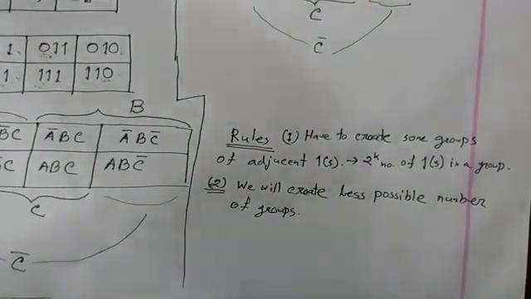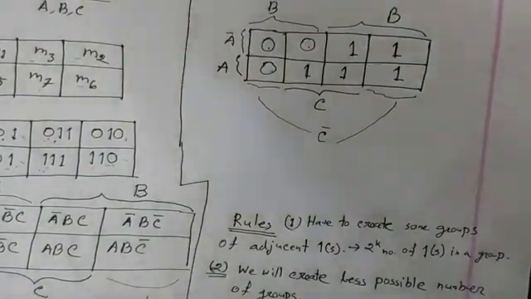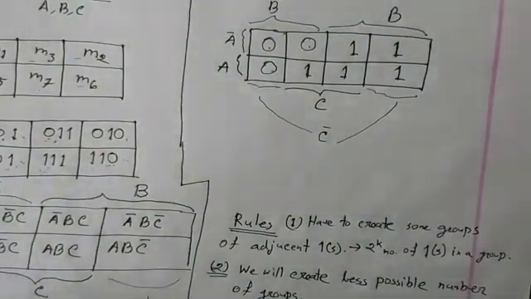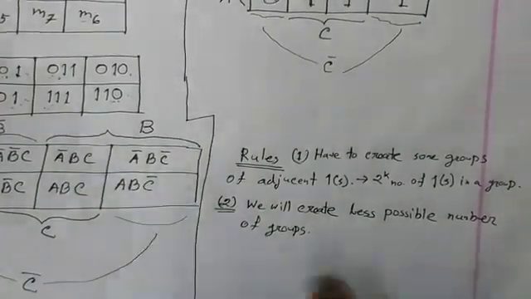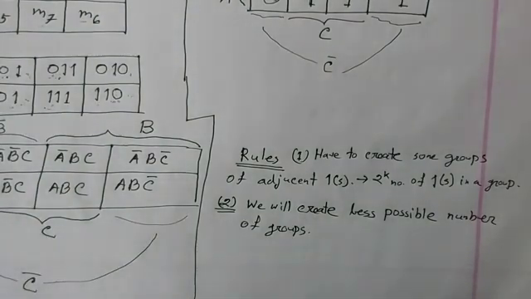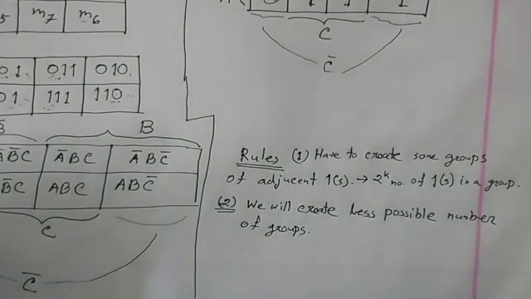Our task is to cover all the ones by making groups, but we will try to create the least possible number of groups. If we can cover all the ones by 2 groups, or it is also possible to cover them by 3 groups, then obviously we will make 2 groups. So we will always try to cover all the ones by fewer groups. This is rule number 2.